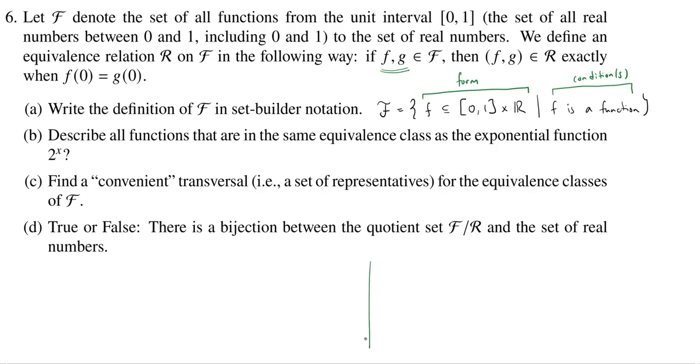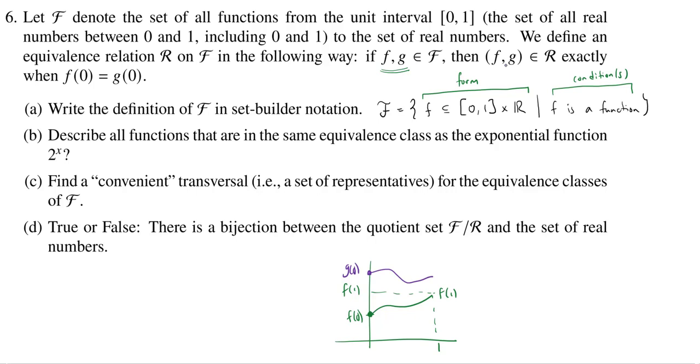So if I was drawing a picture, I might say, okay, this might be f of 0 for my function. And let's draw what f does. Well, maybe f does this, up to 1. So this would be f of 1 over here. And now if I draw my g, if it starts up here at g of 0, and it does, I don't know, like that, these are not equivalent.